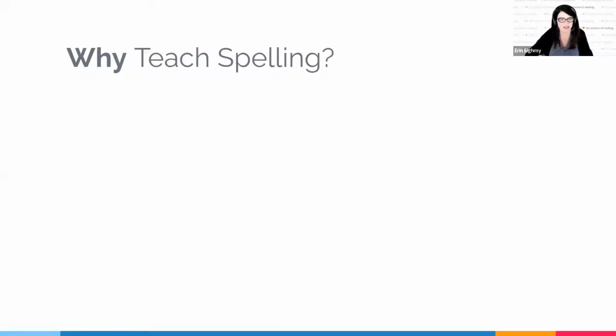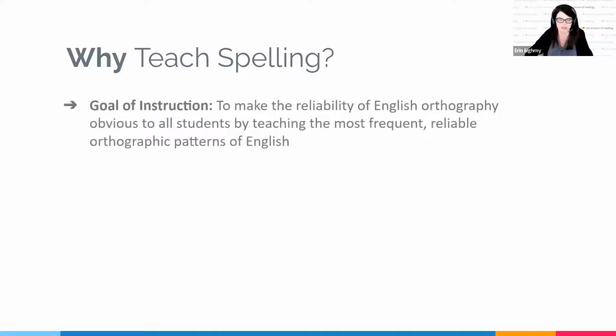So we're going to take a look at that statement and take it back, right? We're going to take back that English is crazy and change it into what some of you put in the chat, English is complex, right? It's sometimes difficult. But we want to try to avoid talking about exceptions and focus on teaching the frequent and reliable patterns of English. So that's our goal for instruction.